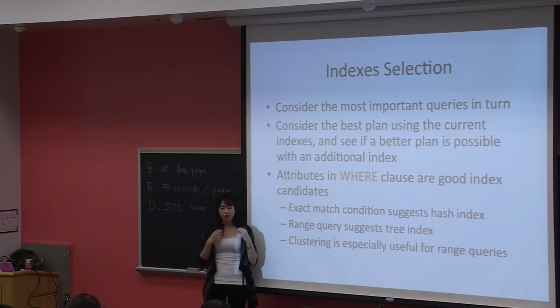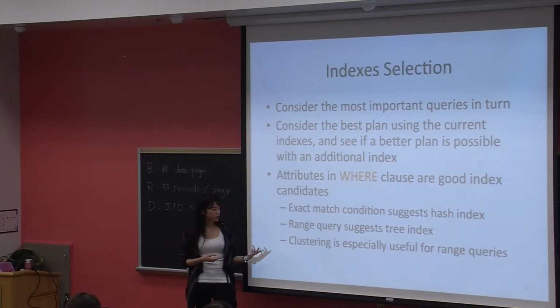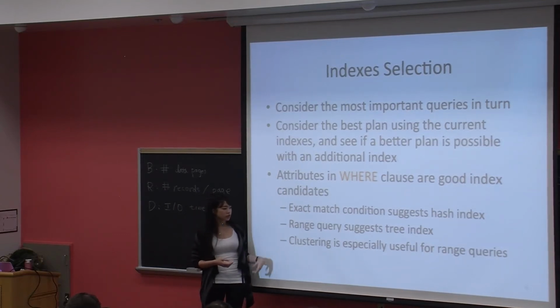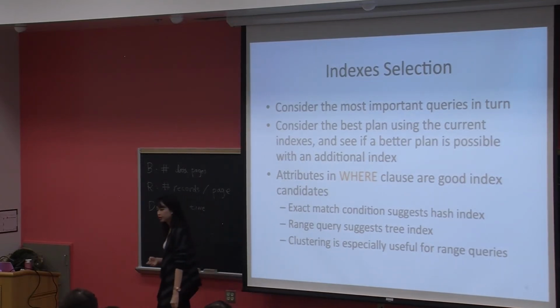If you remember the very basic hash example we worked on, from 1 to 10, they will all be assigned into different buckets. So if you use hash and you're doing a range query, then you actually have to access so many different buckets. Accessing each bucket is an IO, an IO, an IO. So that will be expensive. So for range queries, what we suggest will be tree index. Okay? So here we also say clustering is especially useful for range queries, like we said before.